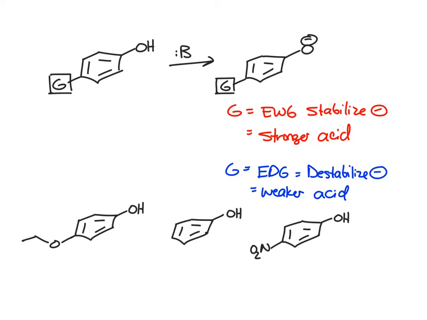And the nitro group. So of these, the nitro is a strong withdrawing group, and that makes this phenol derivative the most acidic.